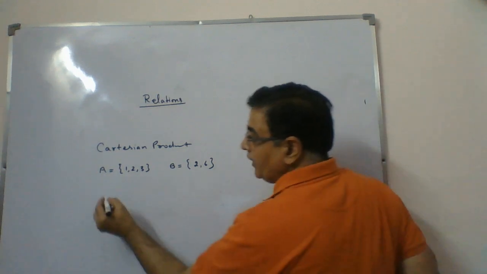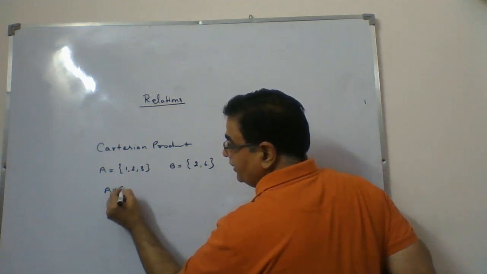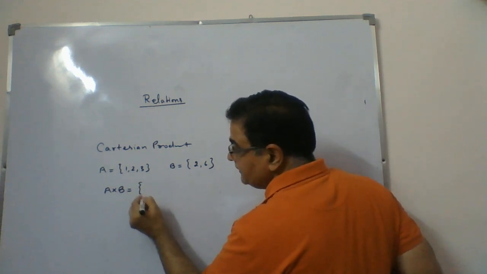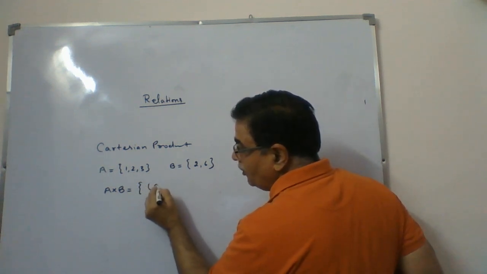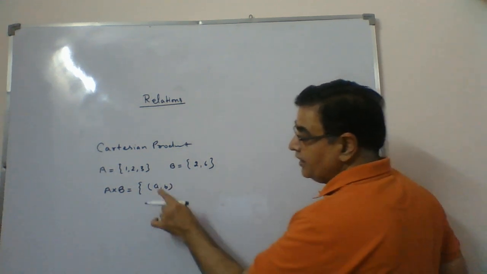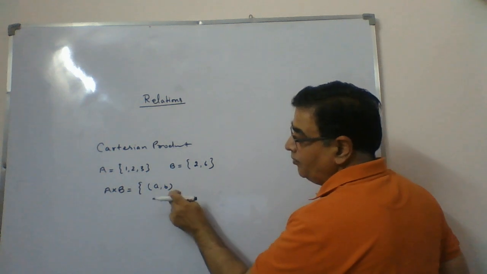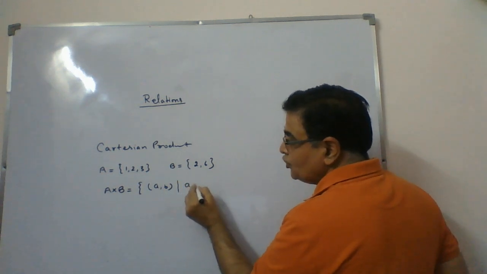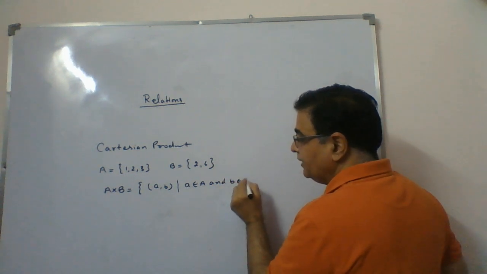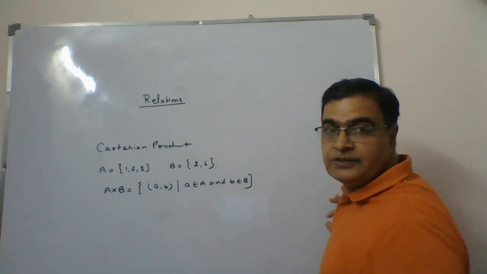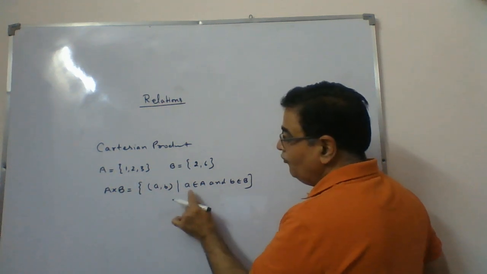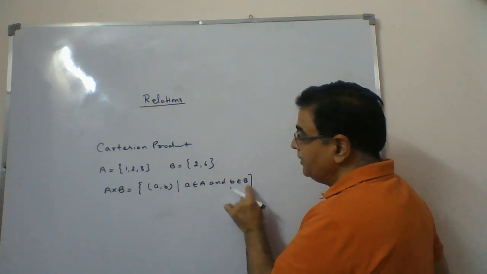If I say you write down the Cartesian product A cross B, the definition says it is the collection of ordered pairs A comma B, where a should come from A and b should come from B. A cross B is the set of (a, b) where a belongs to A and b belongs to B.